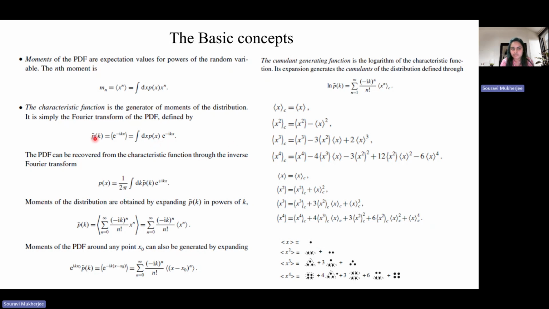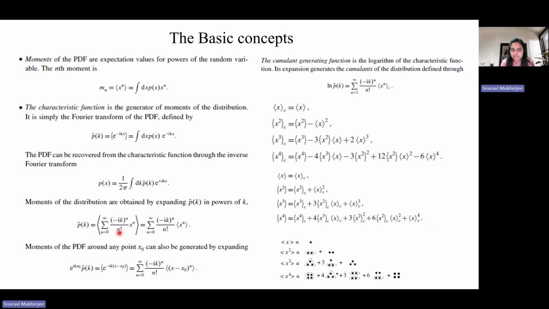Okay, so from p of k you can write p of x by doing an inverse Fourier transform. Now, because of this definition, on one end the characteristic function is the Fourier transform of the PDF, and this also means it's the expectation value of e to the power minus ikx, right? So you can do an expansion of this exponential function, and you would get something like this, right?